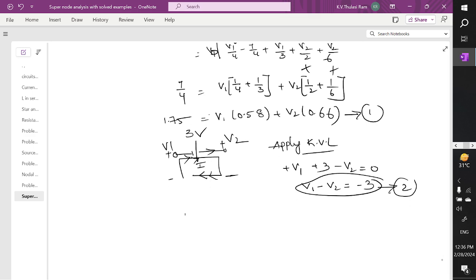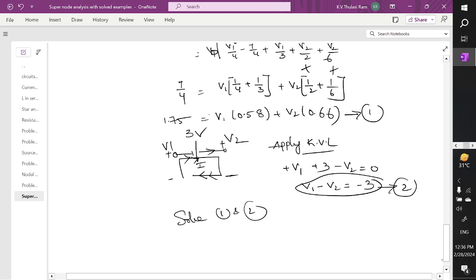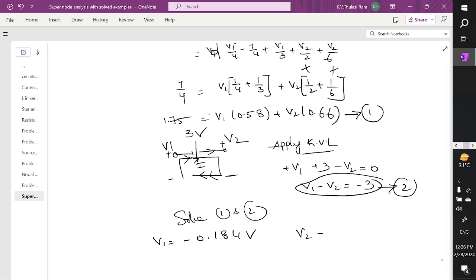Solve equations 1 and 2 using your calculators. Therefore, when you solve it, you will get the value of V1 as minus 0.184 volts, and the V2 value you are going to get is 2.81 volts.